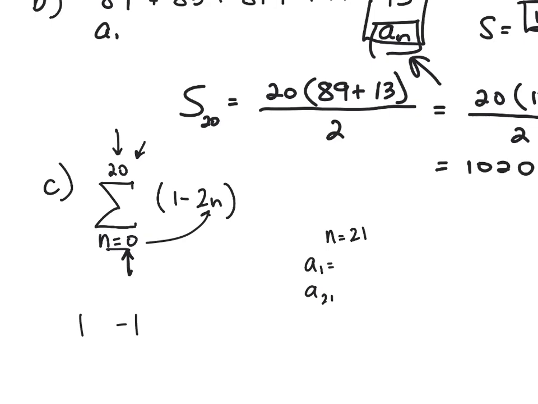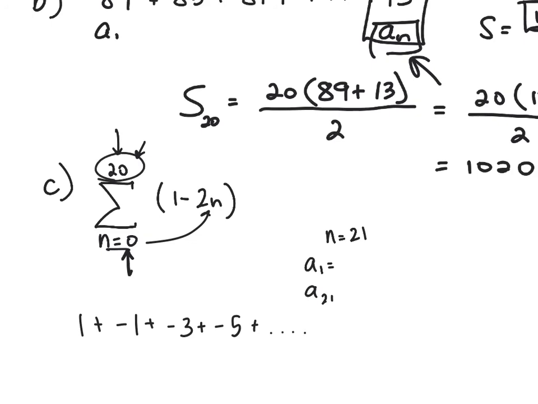Now we increase the value of n to 2, so 1 minus 2 times 2 is negative 3. Now we increase n to 3. 1 minus 2 times 3 is negative 5. So there's a couple of terms in the sequence: 1 plus negative 1 plus negative 3 plus negative 5 plus all the way.